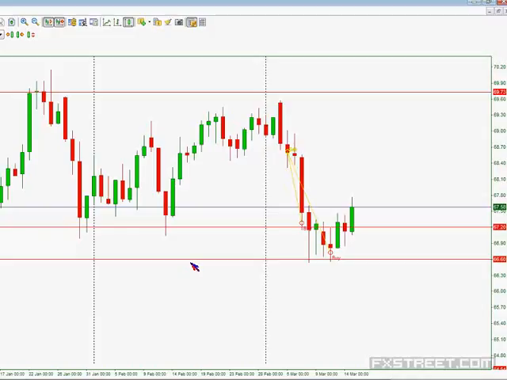But I have noticed that in general, the Asian session will often go against the expected direction. So if I see a daily big shadow and I expect the market to go higher based on that big shadow, I would probably expect to see the Asian market go the other way. In other words, I'd expect to see the Asian market go down before the European market and the New York market possibly went higher. That's really all I have to say about the different sessions.